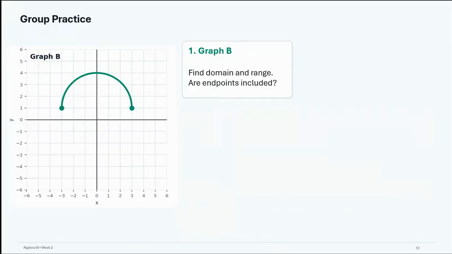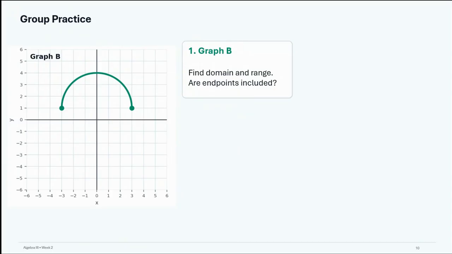Okay, let's look at this. Here's graph B. Find the domain and the range. Are the endpoints included? Group practice here. So we have a graph.